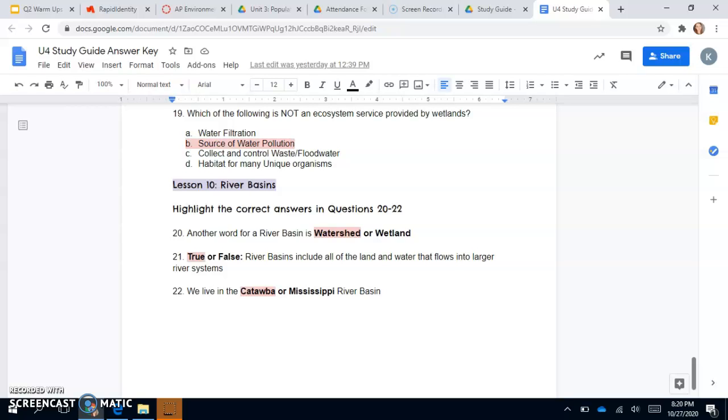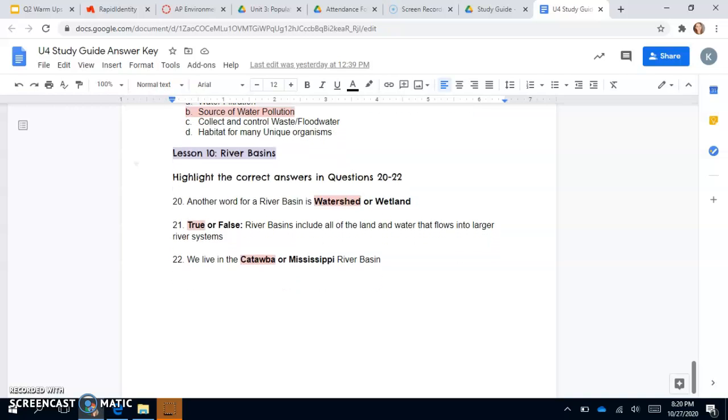So it doesn't make sense for them to be the source of water pollution when they themselves filter out contaminants and pollutants. And just a reminder, wetlands are things like swamps, bogs, marshes that are covered by water most of the year, and they just serve as a very natural filtering area on coast of different states.